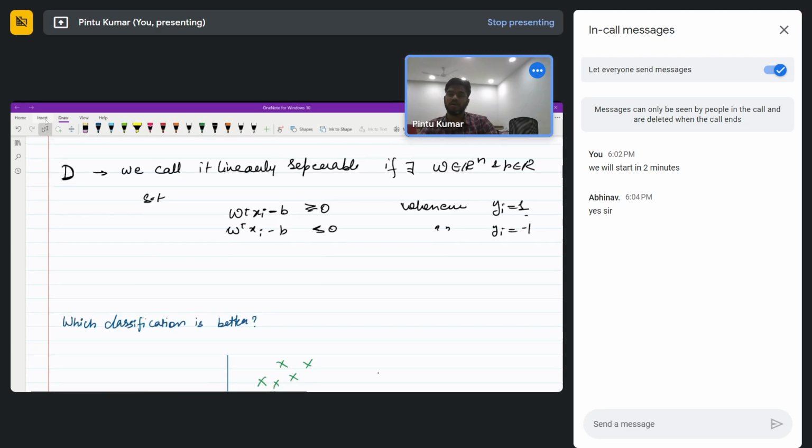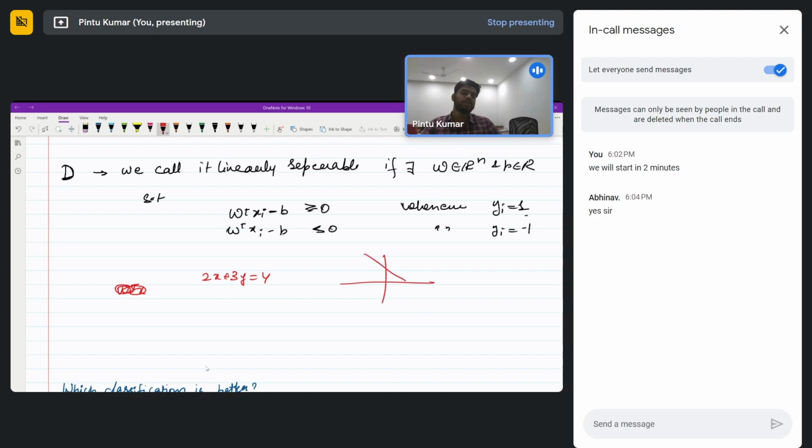When you draw something like W transpose X, so if you draw something like 2x plus 3y is equal to 4, let's say, in 2 dimensions it is a line. But if you increase its dimension, let's say this is 3y plus 4z is equal to 2, then this is the equation of a plane, right? You call it a plane in 3 dimensions. If you take it to higher dimensions, there is no special name for something of 4 dimensions.